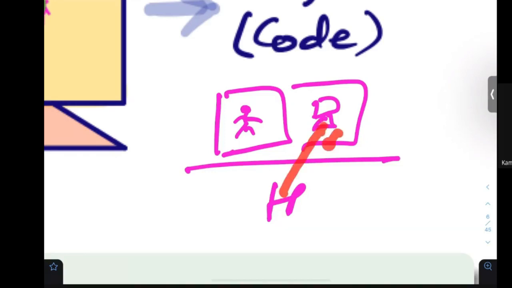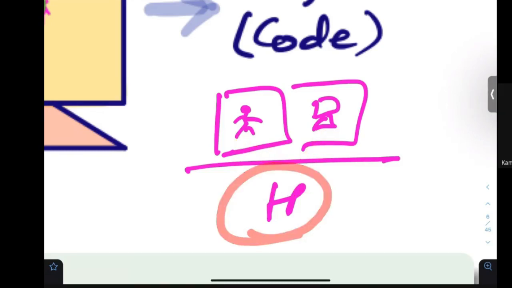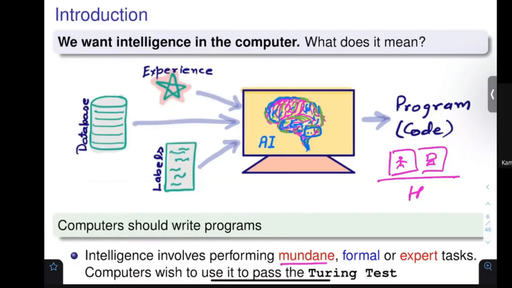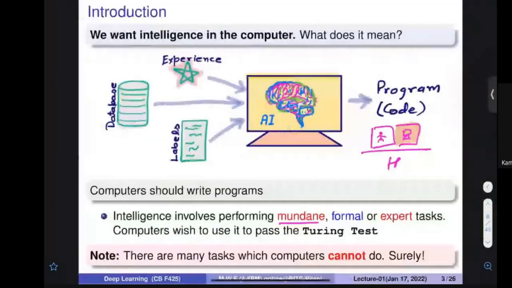He would try to interact with these systems. He cannot see inside, but he can interact with these boxes. And if, by doing a lot of interaction, the interrogator fails to tell in which room there is a computer and in which room there is a human, then this machine actually passes the Turing test.